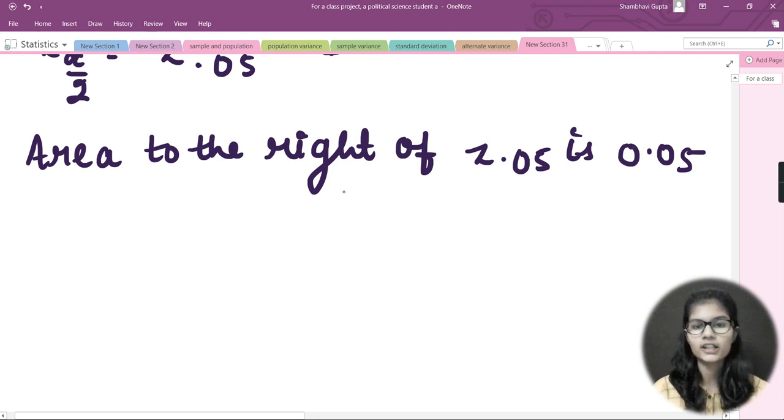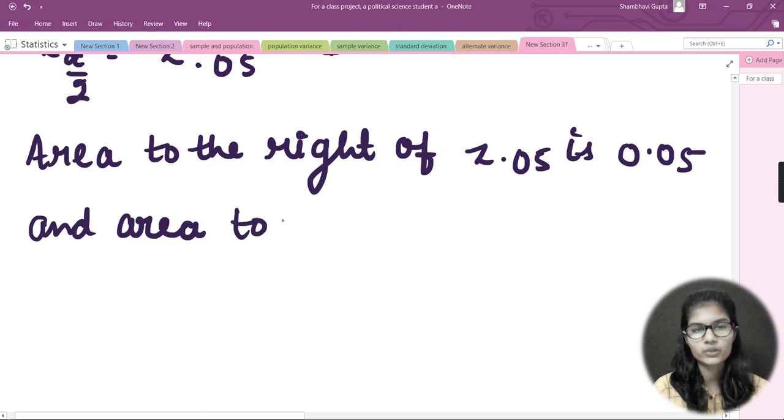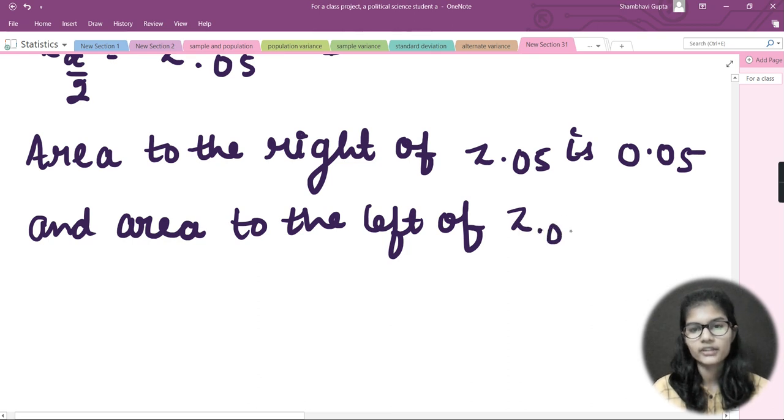This is the area to the right of this value. And if we want to find the area to the left, the area to the left of z of 0.05 is 1 minus 0.05, and that will result in the answer 0.95.